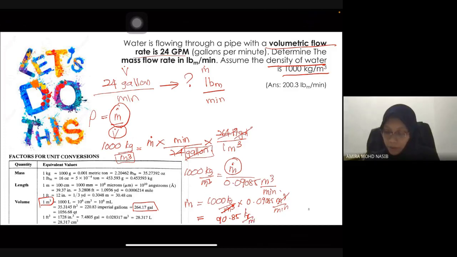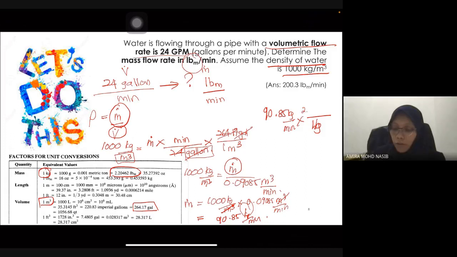90.85 kilogram per minute. But since it wants the mass flow rate in pound mass, then you need to change your kilogram to pound. Okay, so you can try, you continue. 90.85 kilogram per minute, then we know that 1 kilogram equal to 2.20462 pound mass. So you do the unit conversion.